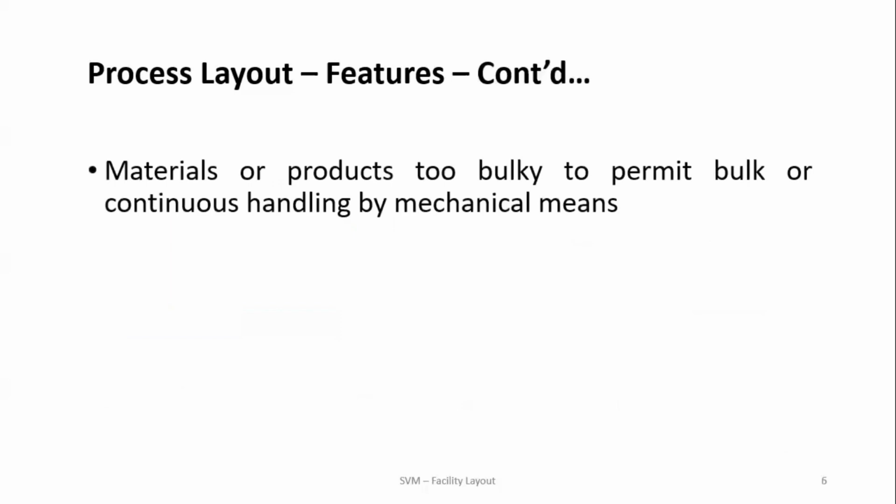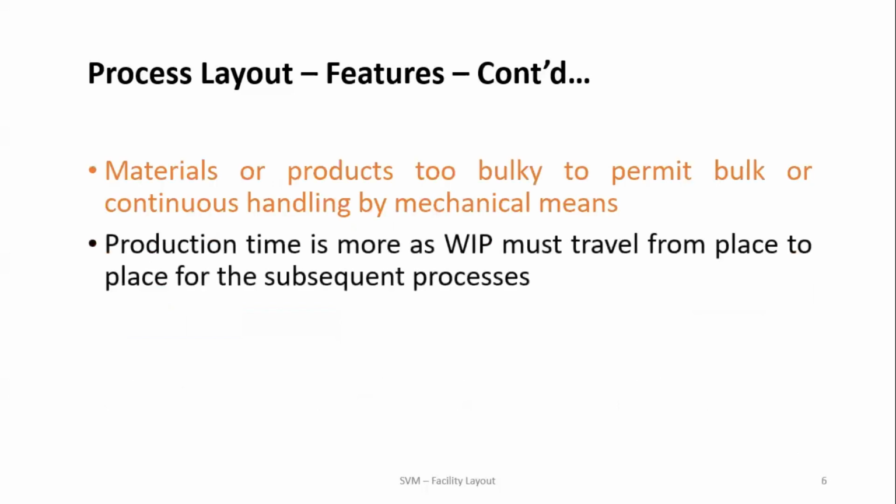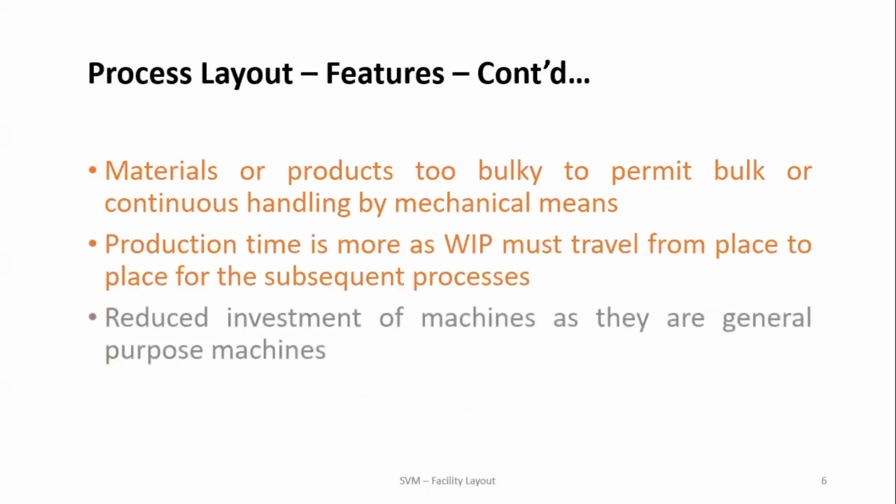Materials or products are too bulky to permit bulk or continuous handling by mechanical means. Production time will be more because work in progress must travel from place to place for the subsequent processes. Reduced investment in machines, as the machines are generally general purpose machines.